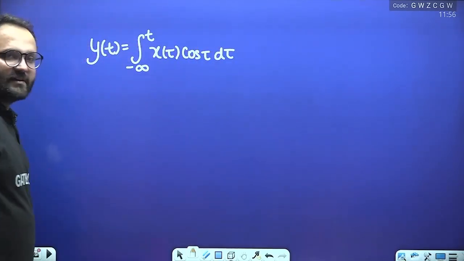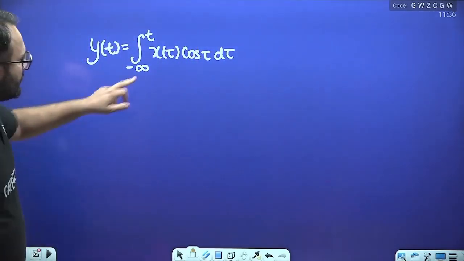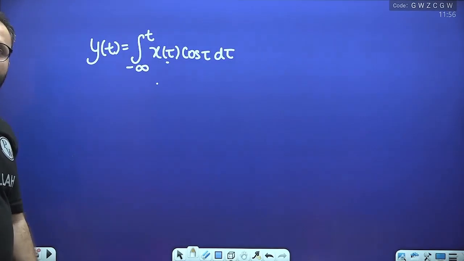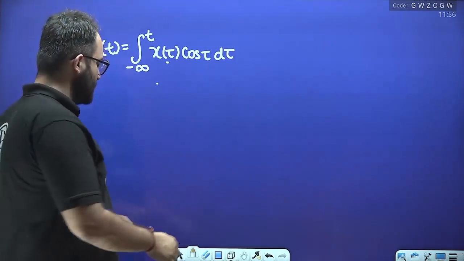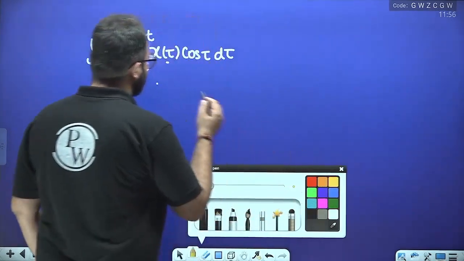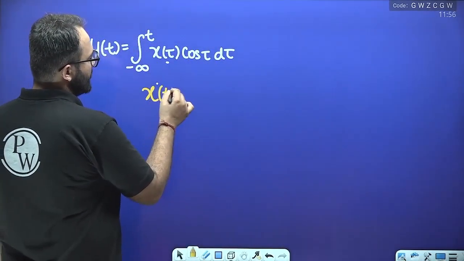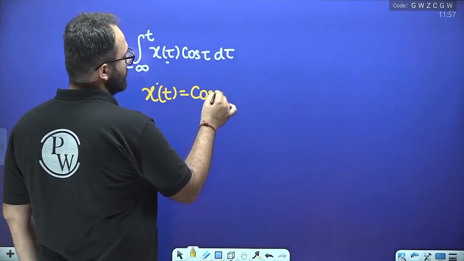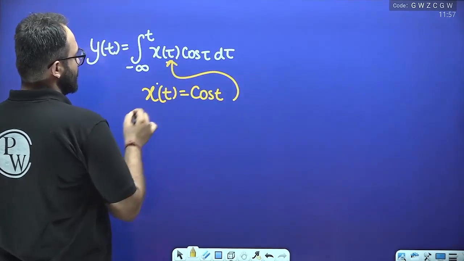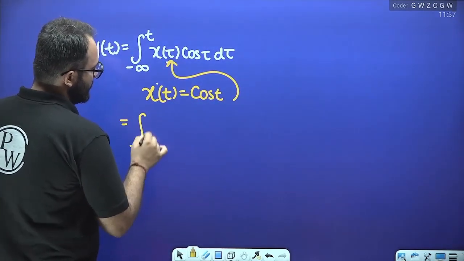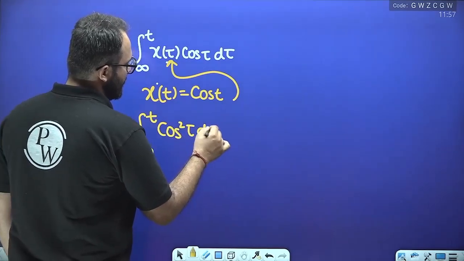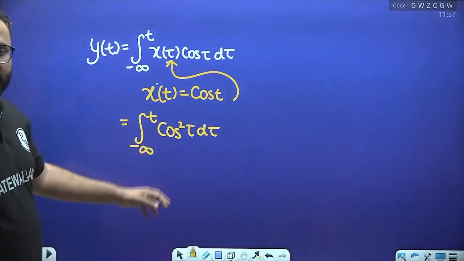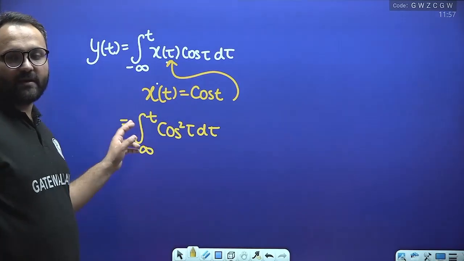Here we can see that if we put the input cos(t), since cos is bounded, just for checking, we get the integral from minus infinity to t of cos²(τ) dτ.